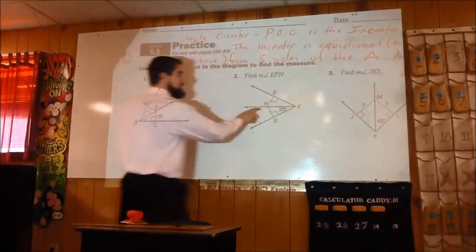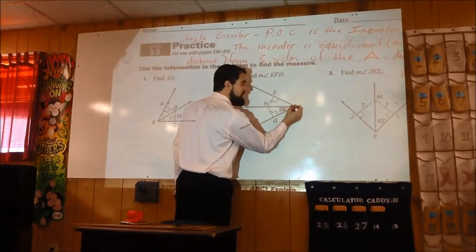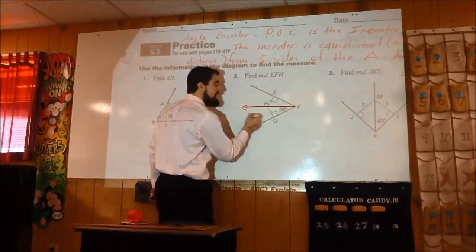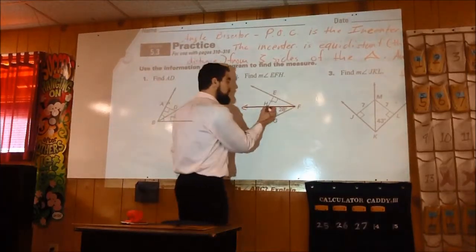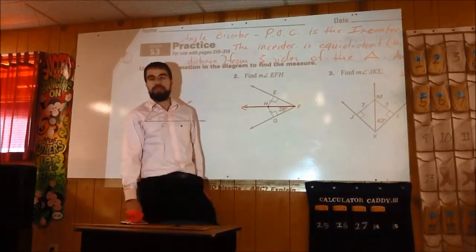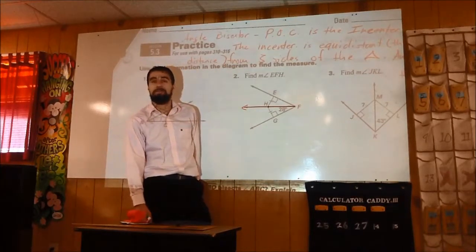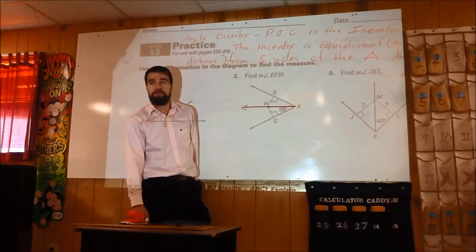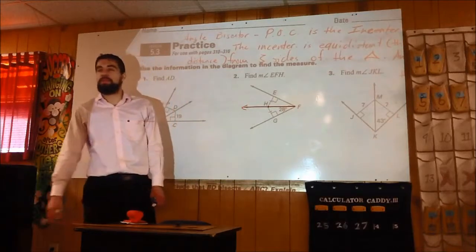So point H is clearly on this ray, and we're trying to prove that this is the angle bisector. If that was the angle bisector, then point H would be equidistant from what? The sides of the angle. Is point H equidistant from the sides?